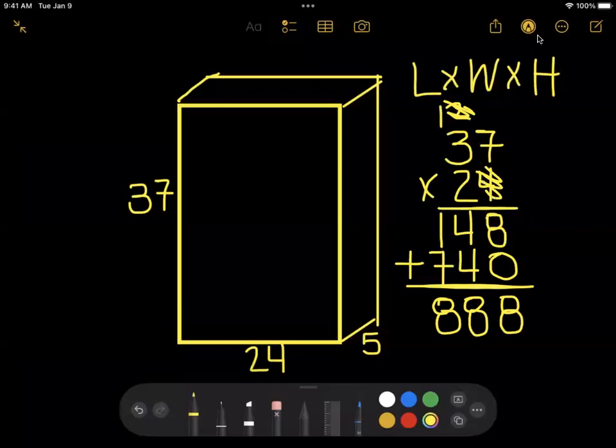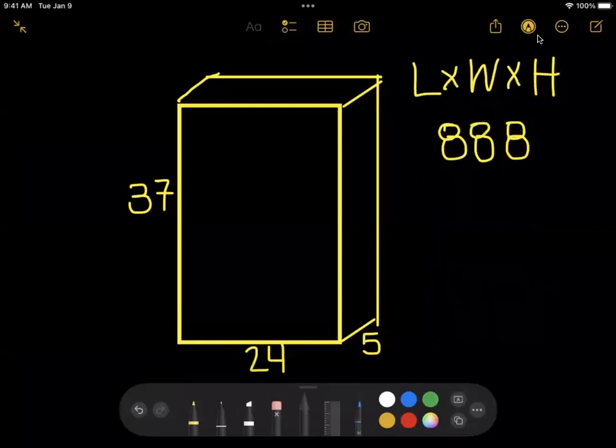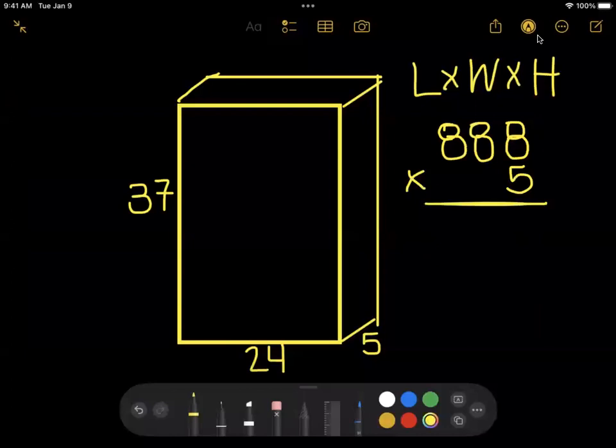Okay, so now I'm going to erase this just to give myself some more room. And then I'm going to take that 888, and now I'm going to multiply it times 5. So that's why I wanted to choose the two-digit numbers first, so then my bigger answer from that could just be multiplied by 5.